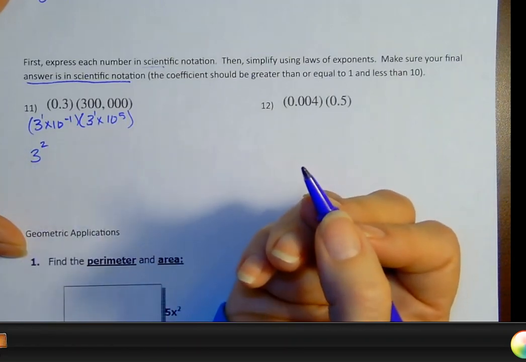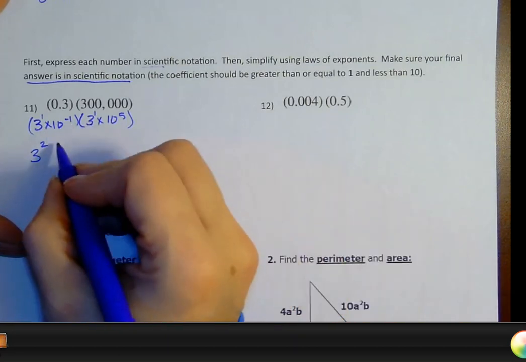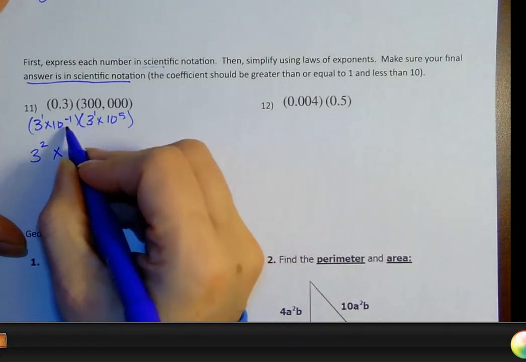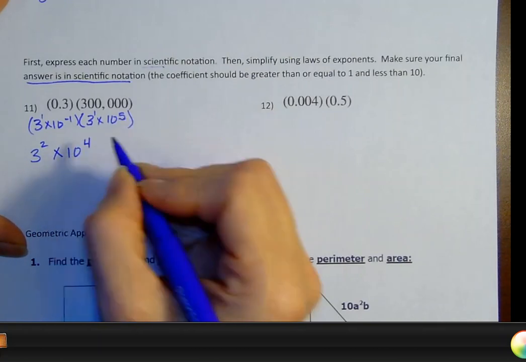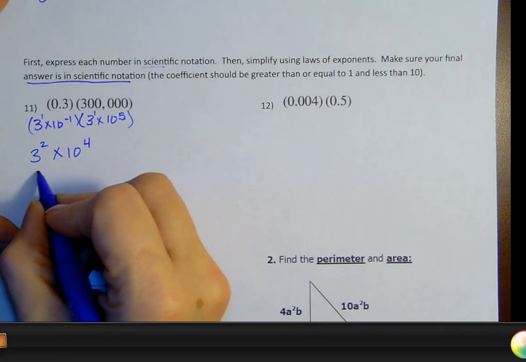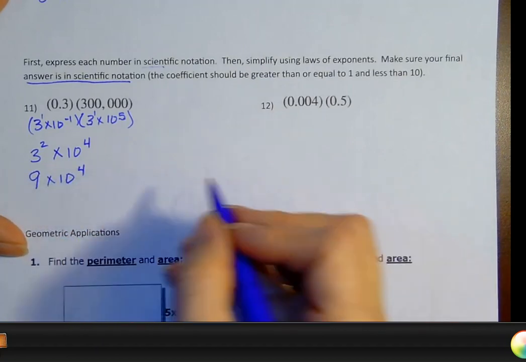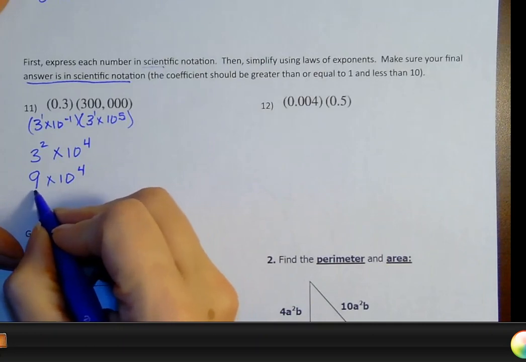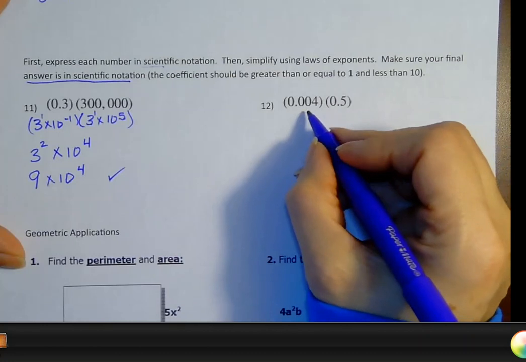Okay, I know you know 3 times 3 is 9, but just to show you that this method works. Okay, it's times 10 to the, I'm going to add -1 and 5, and I'm going to get 4. And then I'm going to rewrite that. It's 9 times 10 to the 4. And am I happy with that? Is my 9 good? Is this in scientific notation? It is.